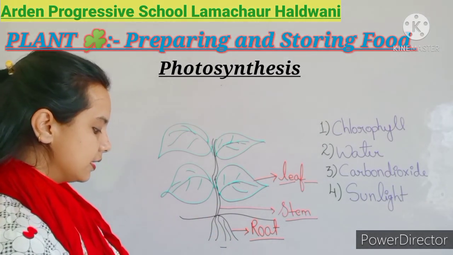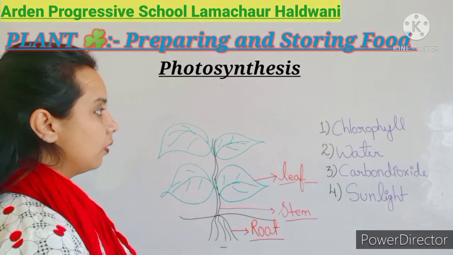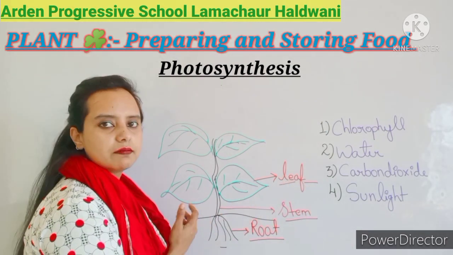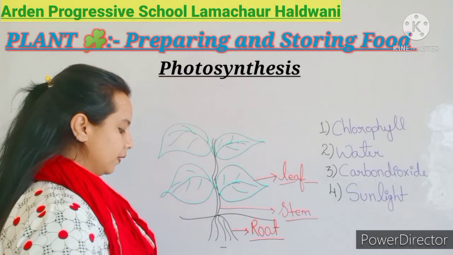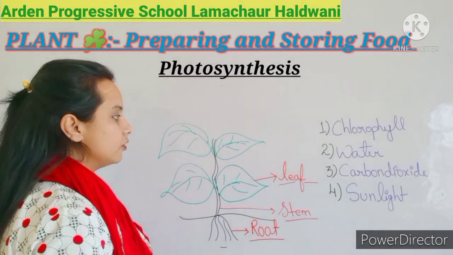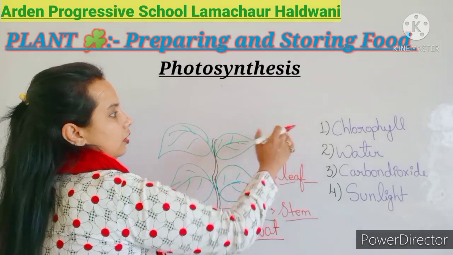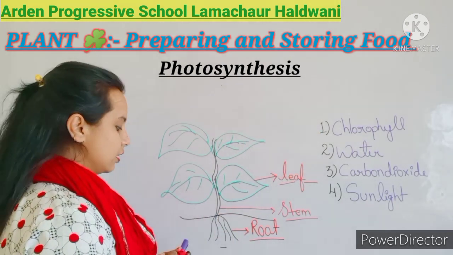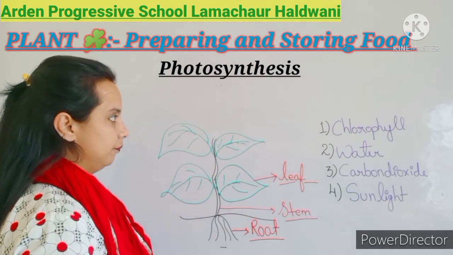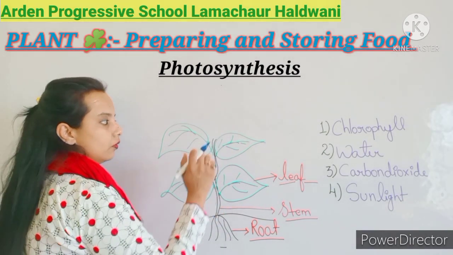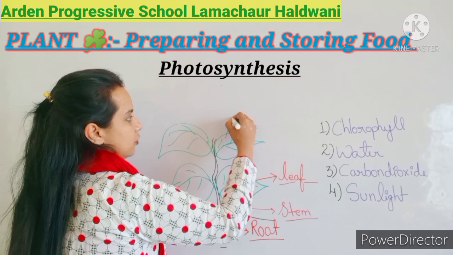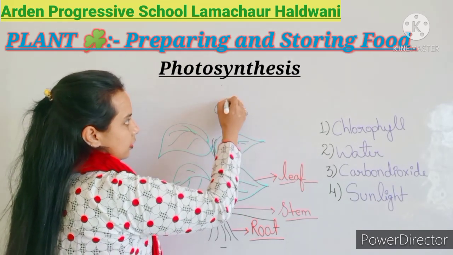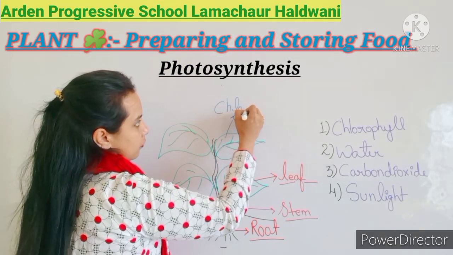Now, let's see how all these ingredients are used by the plant to make their food. Okay, so the very first ingredient is chlorophyll. The chlorophyll is already present in the leaf. So here we will write the chlorophyll.